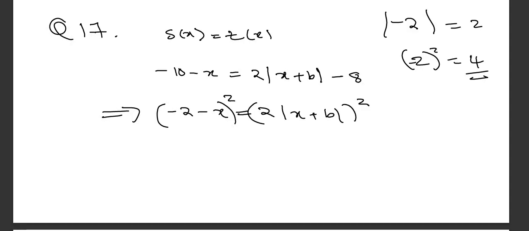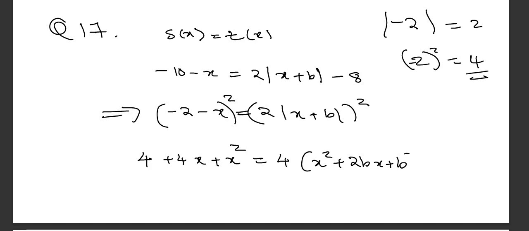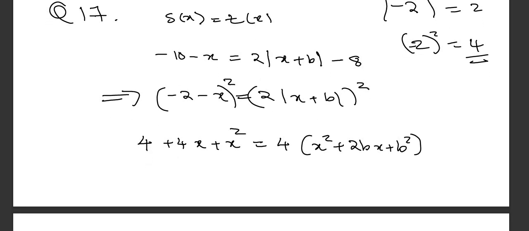So here we can expand this. This is going to give us a 4, then plus 4x, then plus x squared. This side will give you a 4, then we expand this. You get x squared plus 2bx, then plus b squared. So I've just expanded both sides. Is it okay? Yes, I think we do the same thing we do when finding square roots. Yes, exactly.